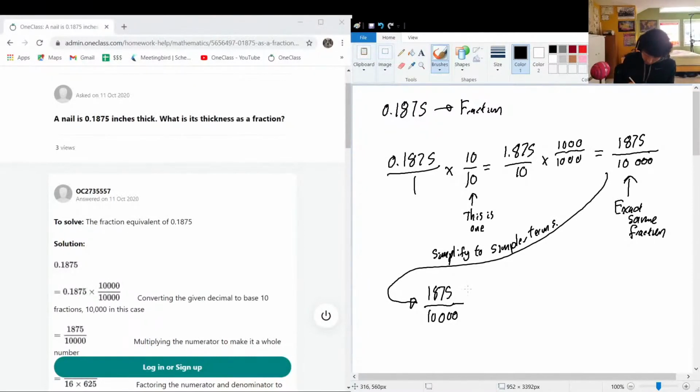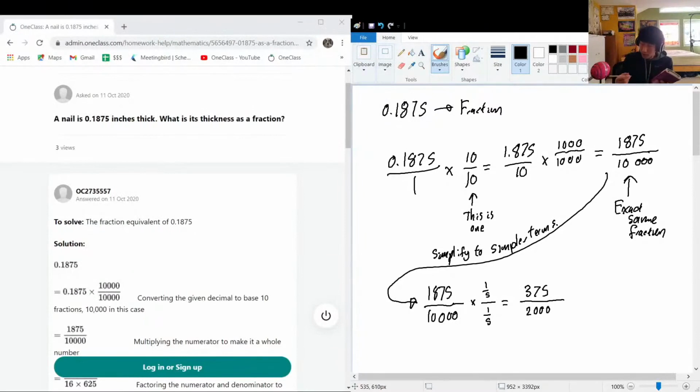So we can multiply by 1 over 5 over 1 over 5. 1875 divided by 5, just quickly, is 375. So we have 375 over 1/5 of 10,000, which is 2,000.